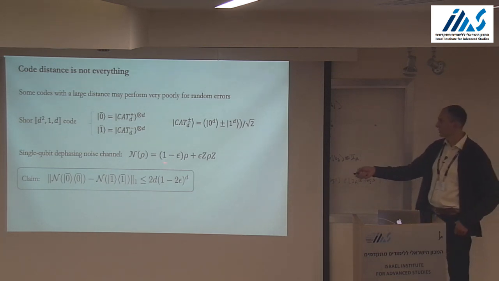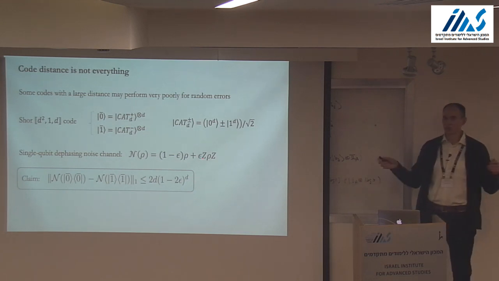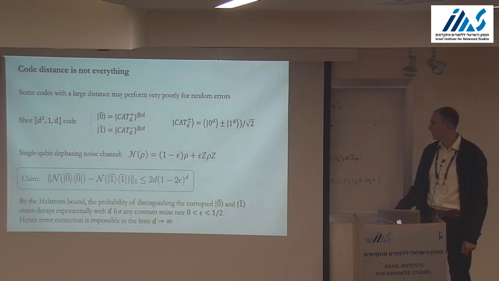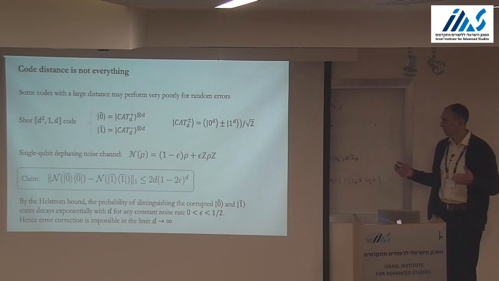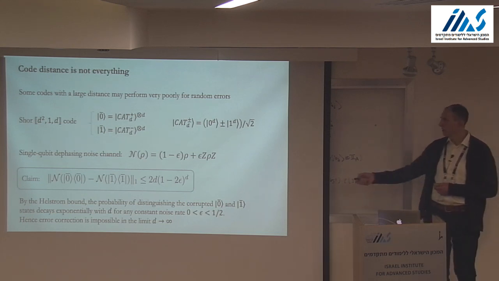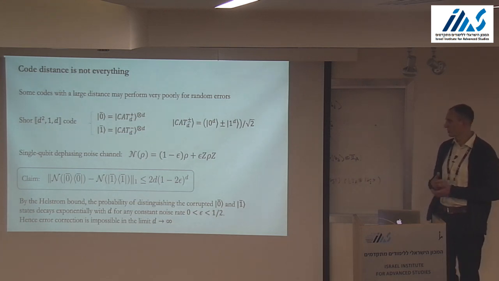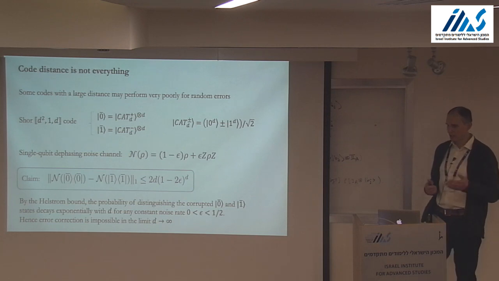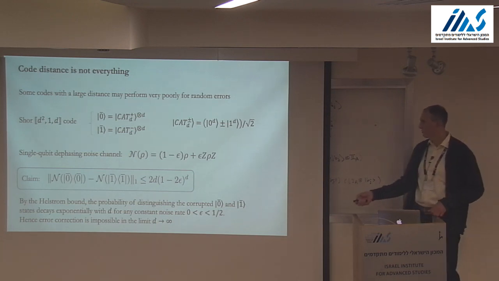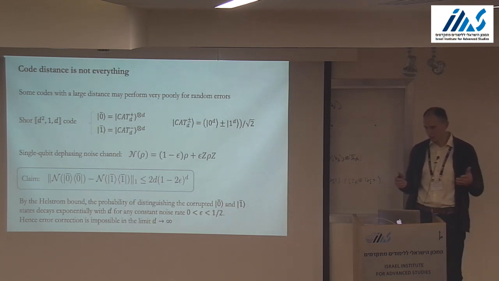So as long as this error rate epsilon is constant, this distance is going to be exponentially small. And basically, using standard results from quantum information, this implies that it is impossible to distinguish the corrupted code words, except with exponentially small probability. So in the limit when code distance goes to infinity, error correction would be impossible.